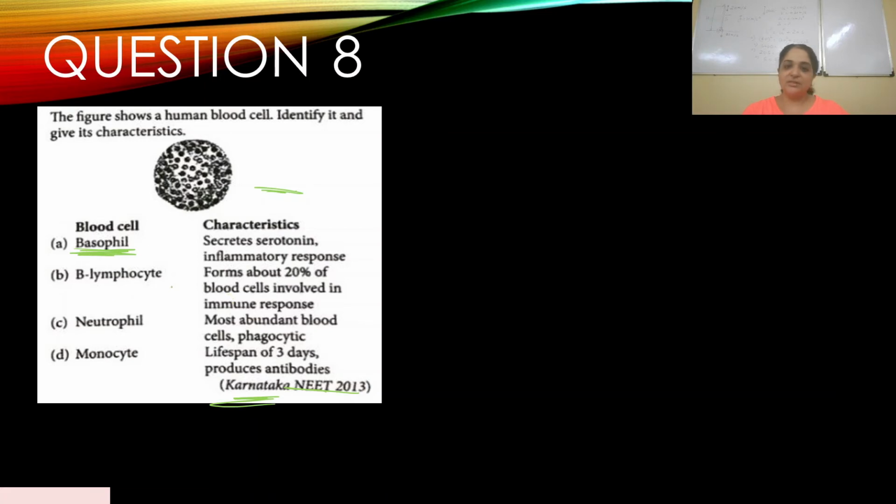Now, B lymphocytes are involved in immune response, but B and T lymphocytes together form the 20% of blood cells. Neutrophil, most abundant blood cells, phagocytic. Yes, that is true, but this is not a neutrophil. Monocytes, lifespan of 3 days, produces antibodies. No, that is also incorrect. So your answer should be A. That is the right answer.